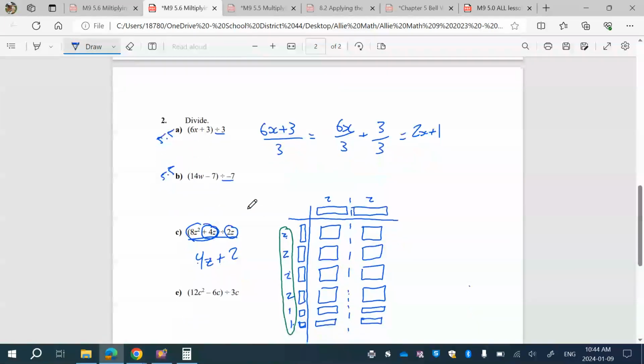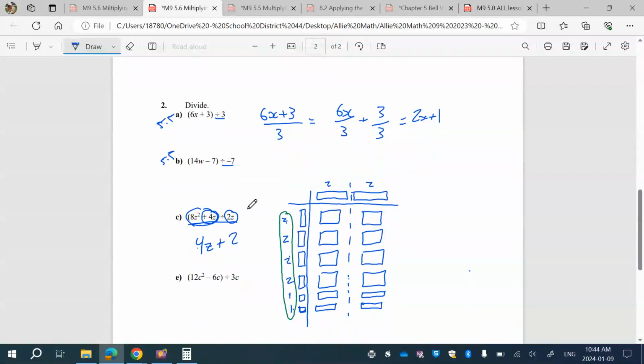Let's do this one. Might give myself a little bit of room by erasing some of this. Then we've got 14w subtract 7 divided by -7.